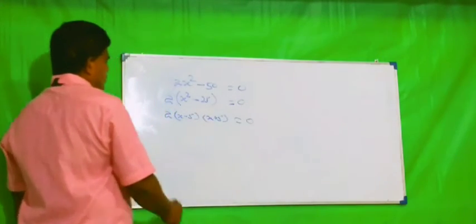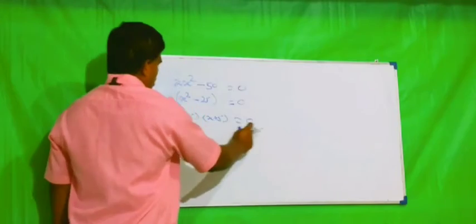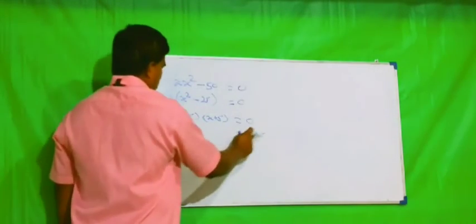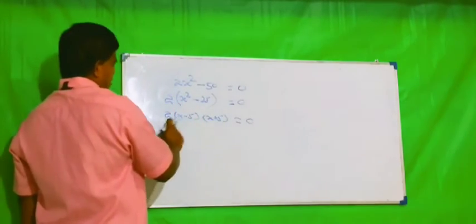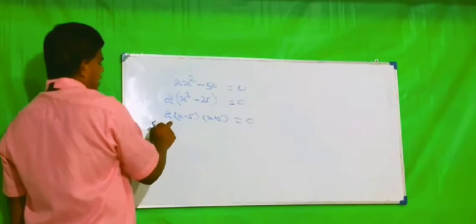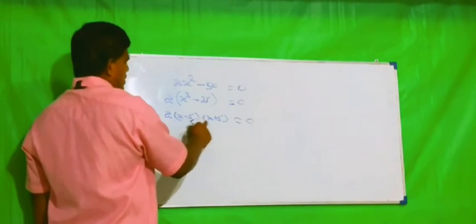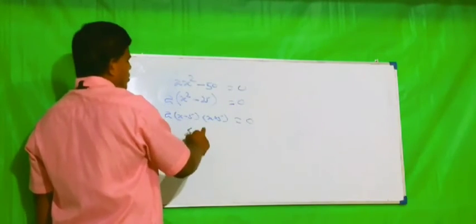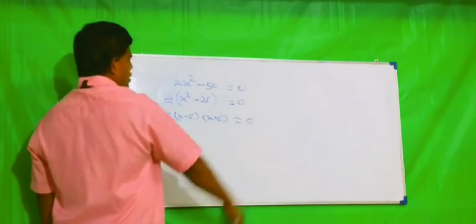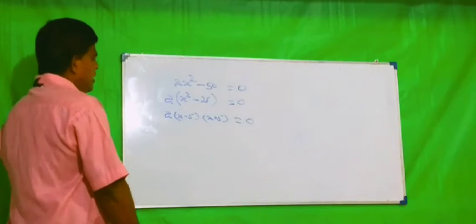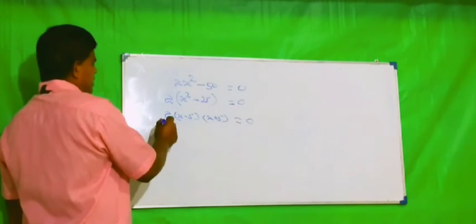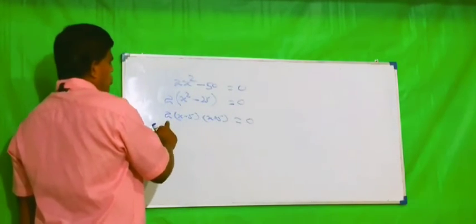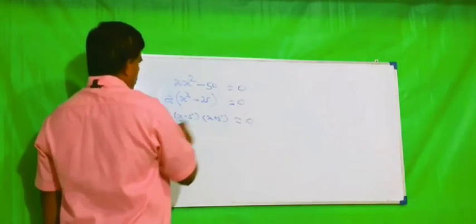Now this is the zero product. There are three factors here: 2, s minus 5, and s plus 5. All three factors are multiplied together, and the result is 0. We know clearly that 2 is not 0, 2 is 2.